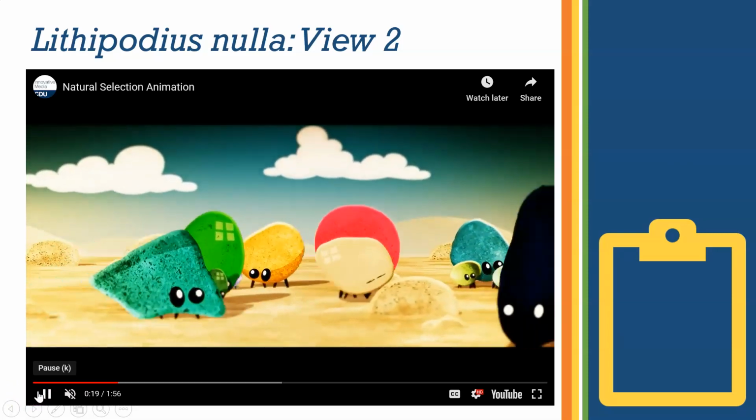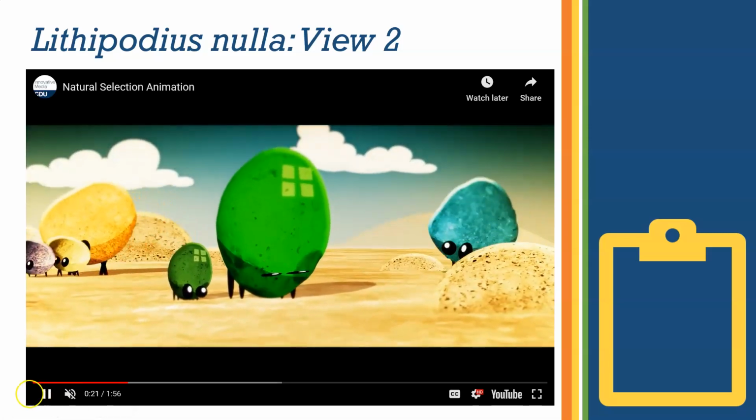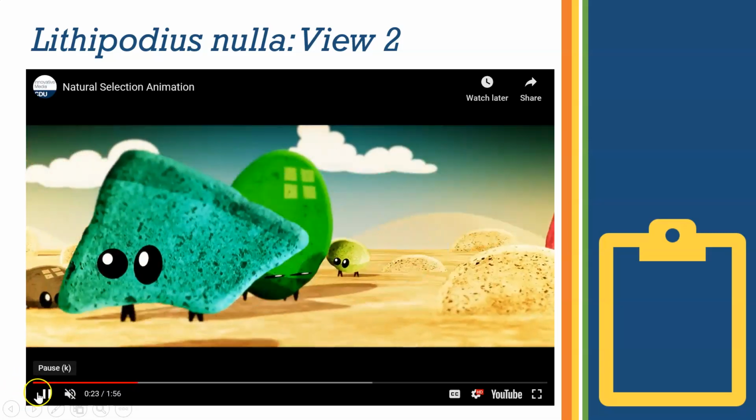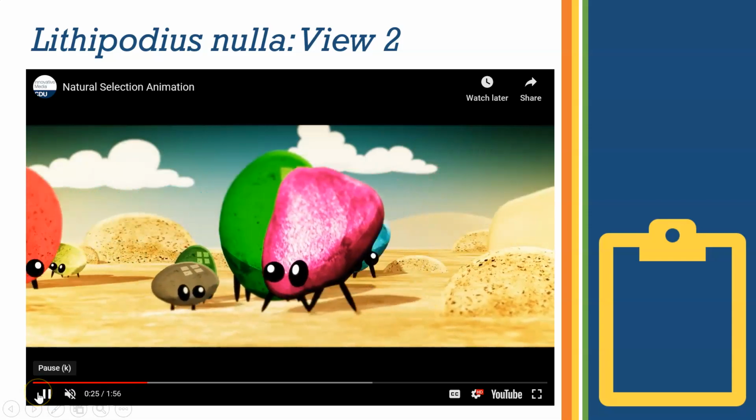Again, here's the start population. We're looking for what's causing the change over time.